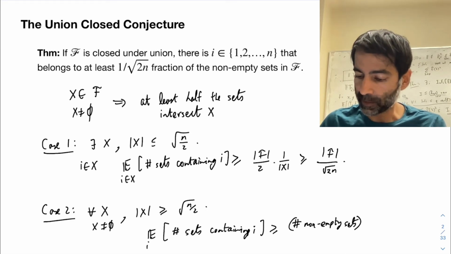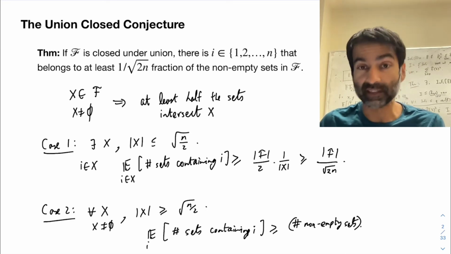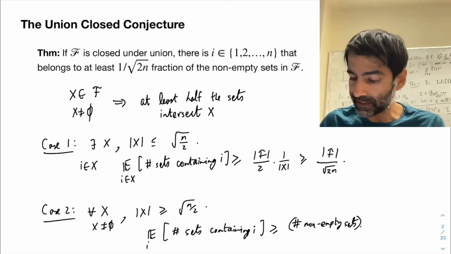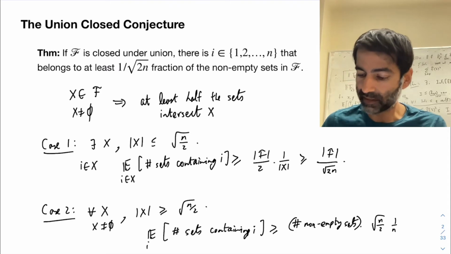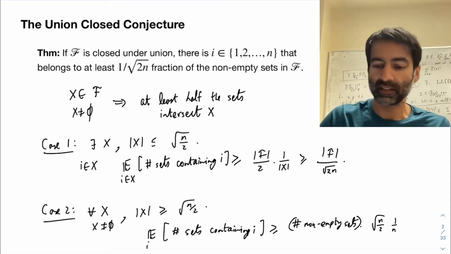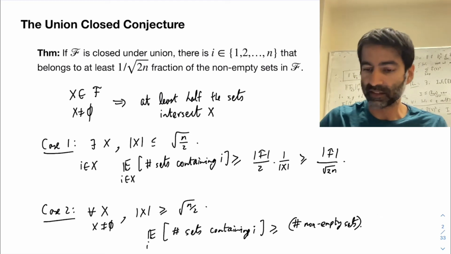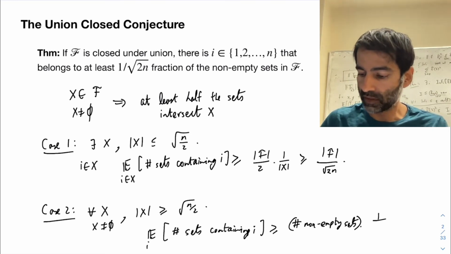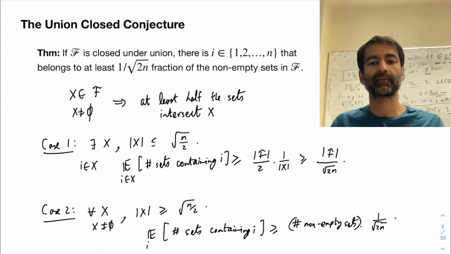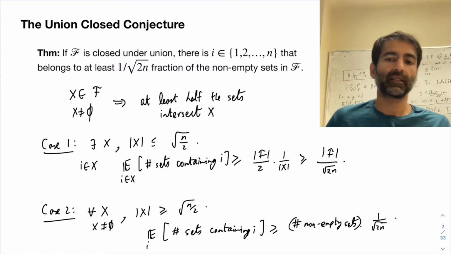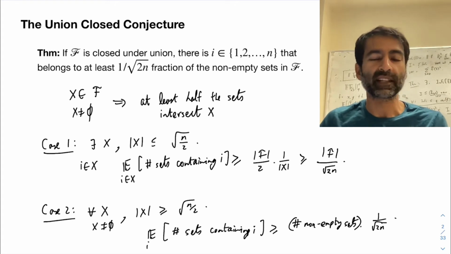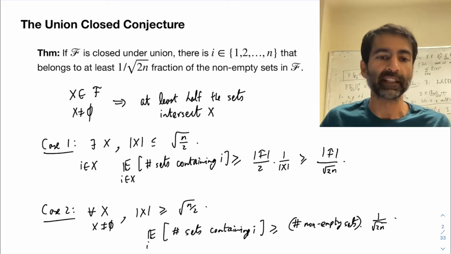So it's going to be the number of non-empty sets times the size of the set divided by n, which is at least as large as square root n over 2 divided by n. And this number again is just 1 over square root of 2 times n. So in both cases, we find many sets that contain some element.